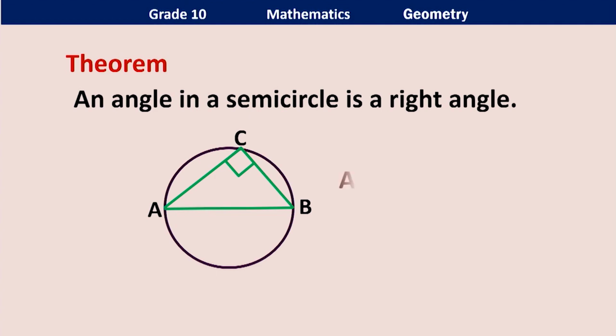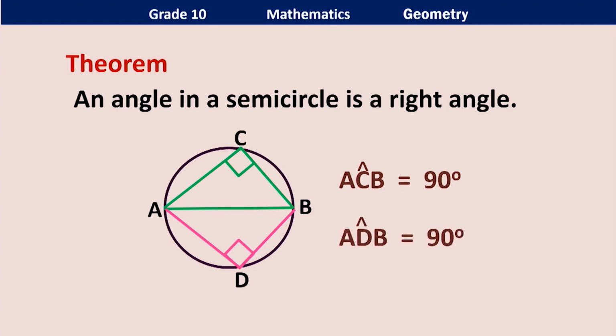So, I can mention another angle. When I consider the angle ADB, that is also an angle in a semicircle. Therefore, the magnitude of angle ADB is also equal to 90 degrees.